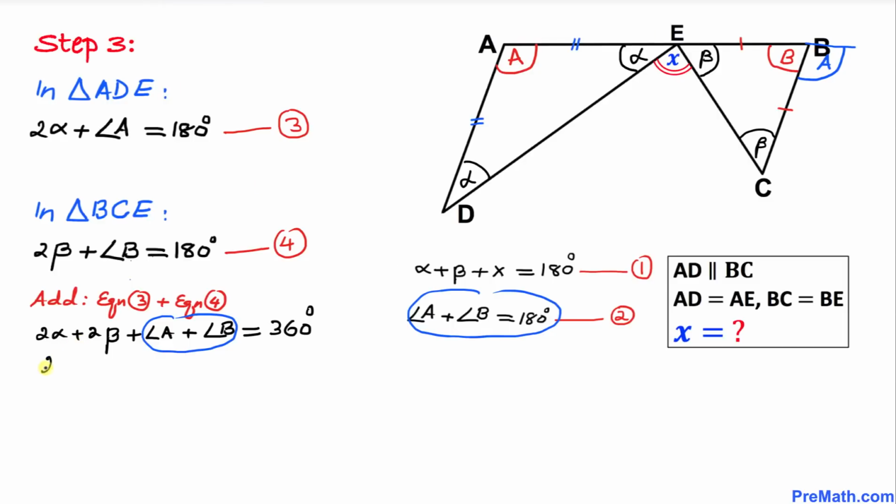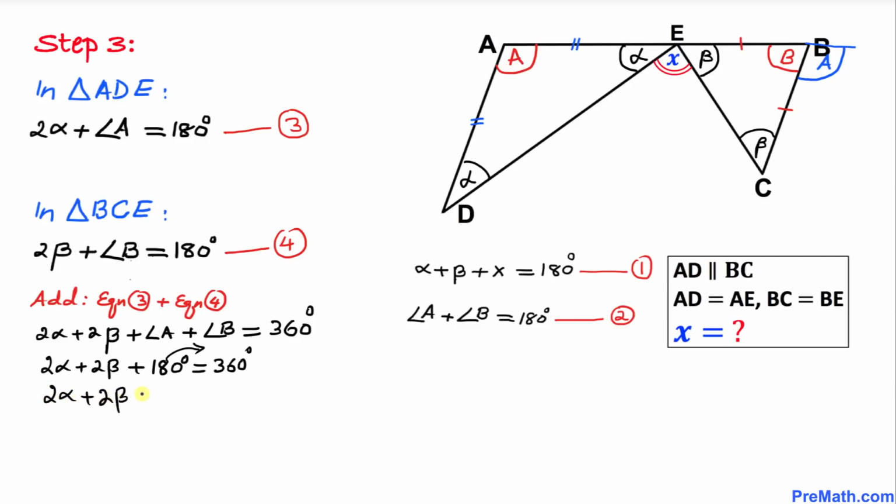So I can write 2 alpha plus 2 beta plus 180 degrees, which replaced angle A plus angle B, equal to 360 degrees. Now let's move this 180 degrees to the right hand side. So we end up with 2 alpha plus 2 beta equal to 360 minus 180 degrees.